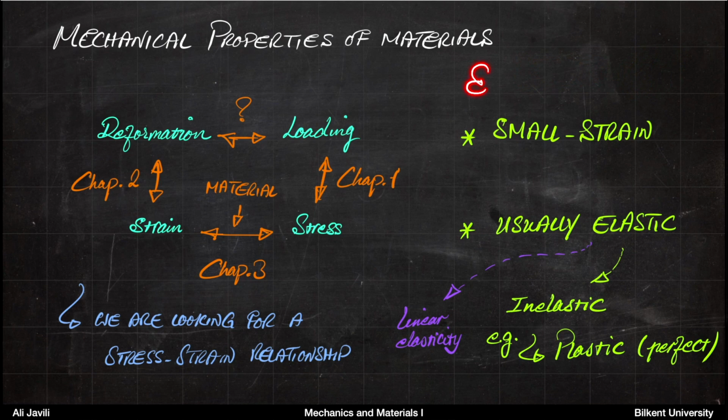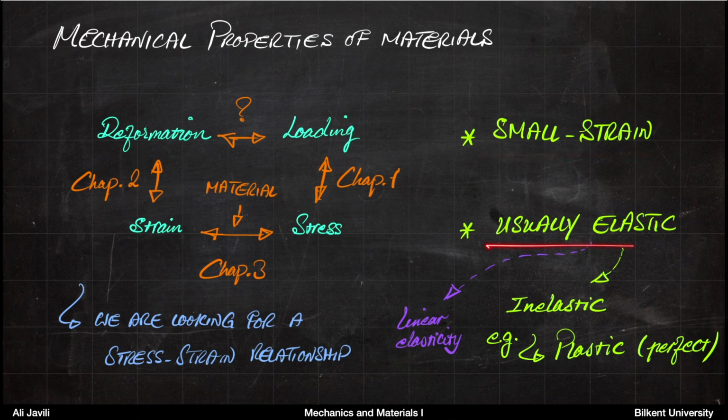So whether you think of epsilon or gamma, this is much less than 1 or 100%. And then again, remember, the interesting feature of strain is that it does not have a dimension. So actually you can just talk about a number when you want to define it without paying attention to the unit. Okay, that's the first thing you should remember.